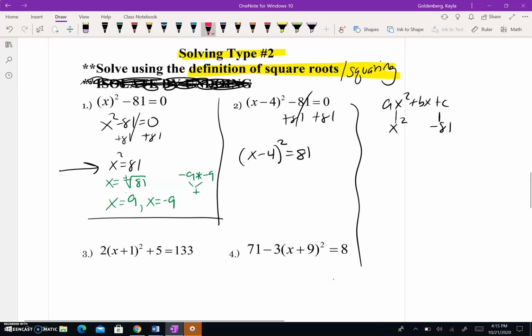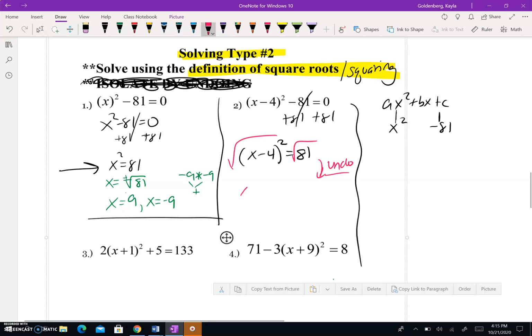Let's think about if we undo that, right? This is our undo step, where we square root both sides. The square root of x minus 4 squared is just going to give us back what's underneath, right? So unsquaring it or square rooting it gives us back the original.